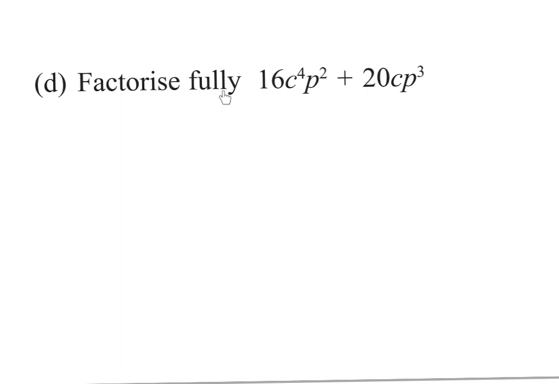d. Factorize fully. 16c power 4 b power 2 plus 20c b power 3. The first step to factorize, extract the highest common factor. Between 16 and 20 we have 4 common. c power 4 and c power 1 takes least power, so c power 1. b power 2 and b power 3, so b power 2 least power.